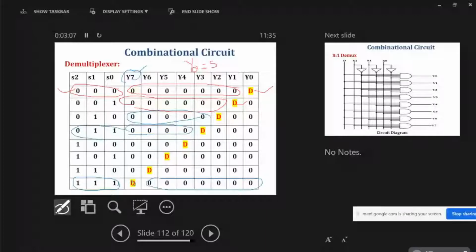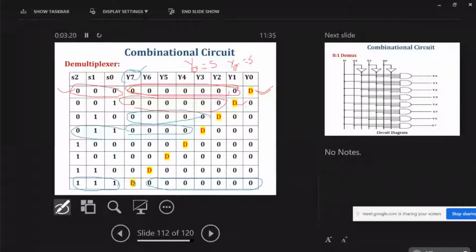So for y0 it will be S2 dash, S1 dash, S0 dash, D. So for this combination the output will appear across y0.